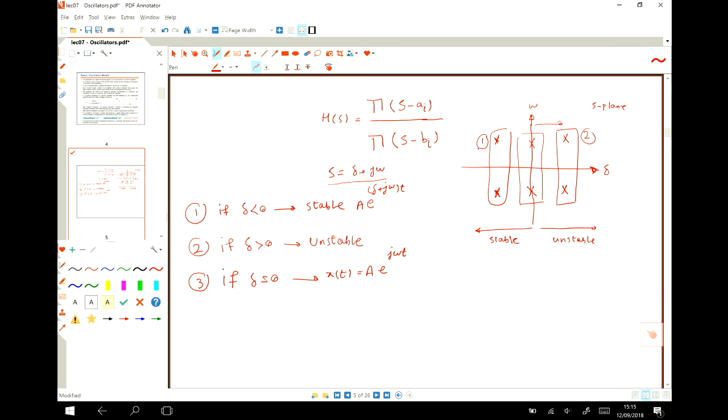In region 1, if we have a pole in region 1, the system is stable. I mean that if we have an initial condition for this system, this is the time domain.